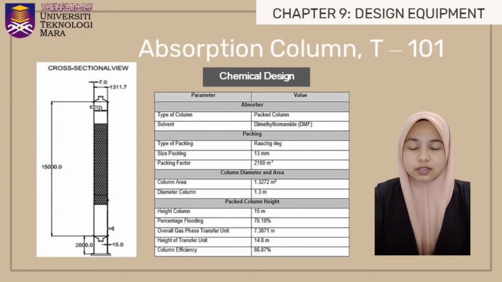Meanwhile, for the packing, ceramic rigid ring packing is chosen due to its excellent acid resistance and heat resistance performance. The material of construction used in this design is stainless steel due to its corrosion resistance. The area, diameter and height are calculated to be 1.3272 meter squared, 1.3 meter and 15 meter respectively.